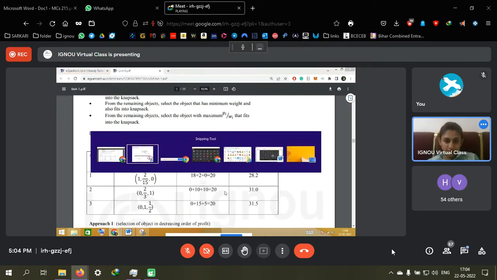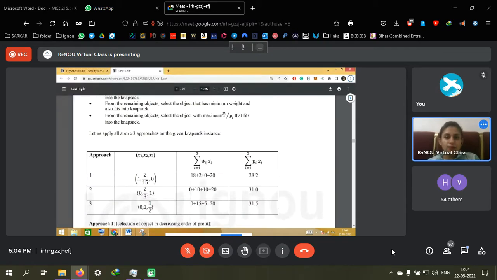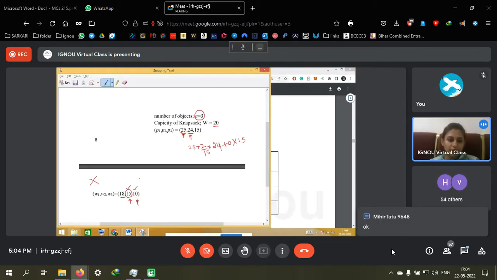Similarly with the next. Next is maximum P divided by W, that is Pi divided by Wi. That means 25 divided by 18, 25 divided by 15, 15 divided by 10. So you will get something like 1.4, in the next you will get 1.6, and in the next you will get 1.5.